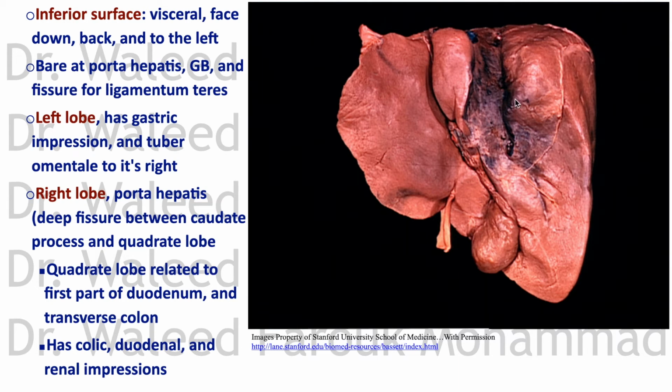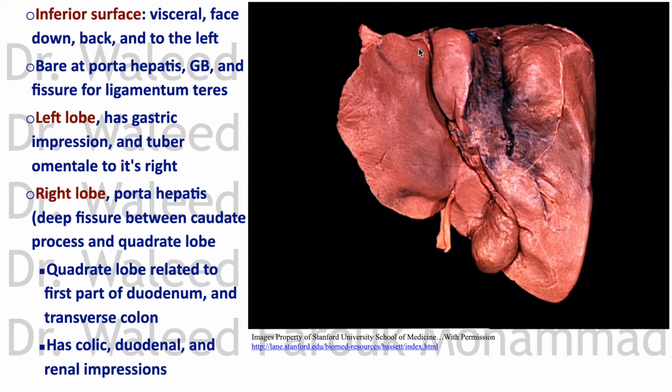So only this area is posterior, not all this. Now you can imagine the anatomical position of the liver. The inferior surface is the visceral surface, and it has a bare area at the porta hepatis, the fossa for the gallbladder, and the fissure for ligamentum teres.